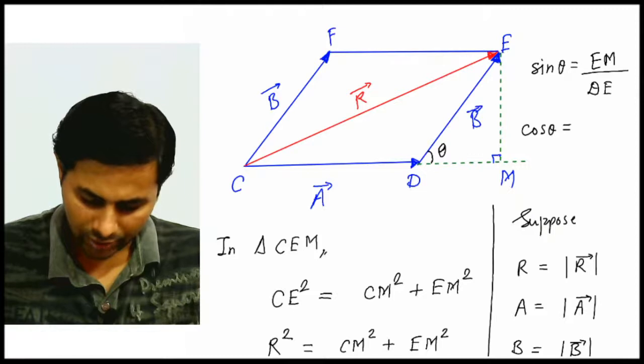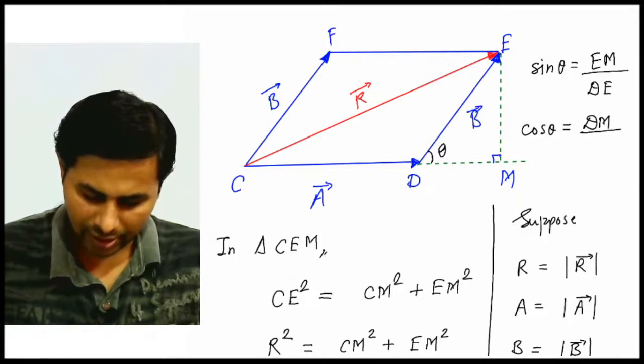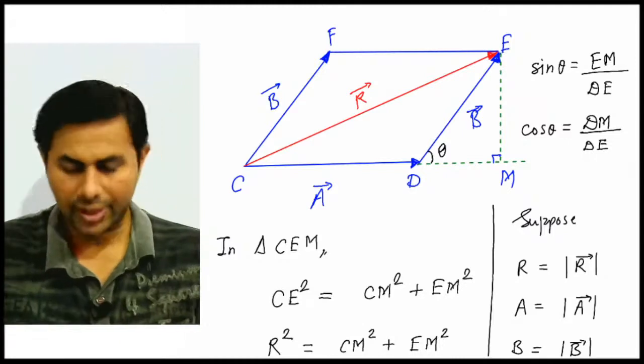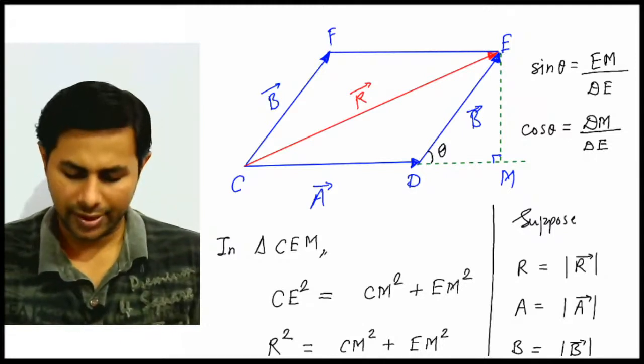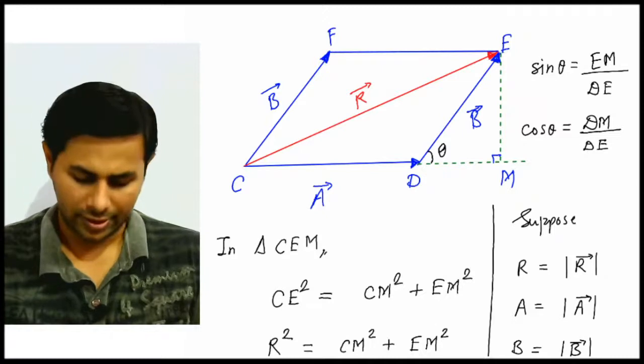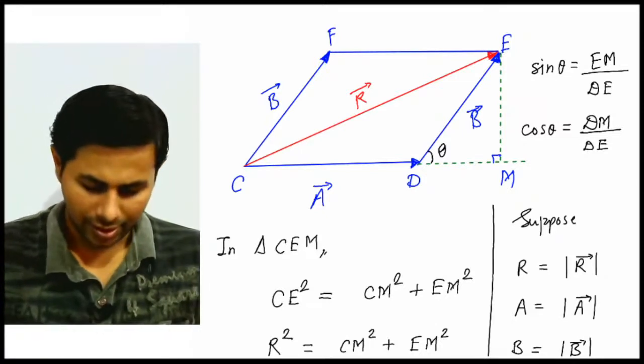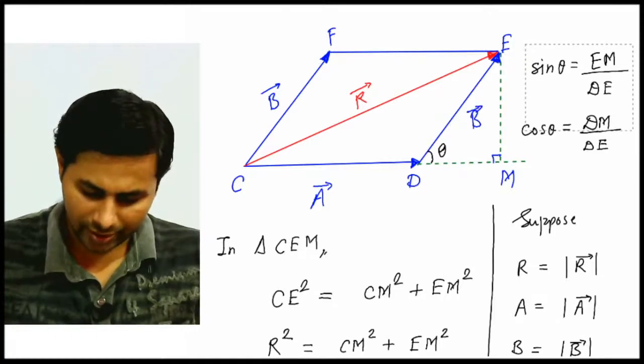So now we can represent EM and DM in terms of DE, which is the magnitude of B bar.